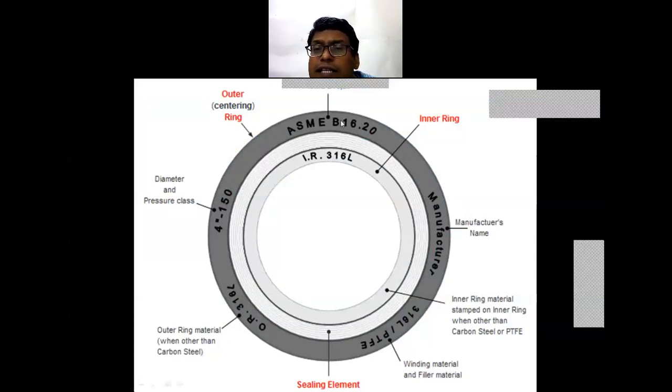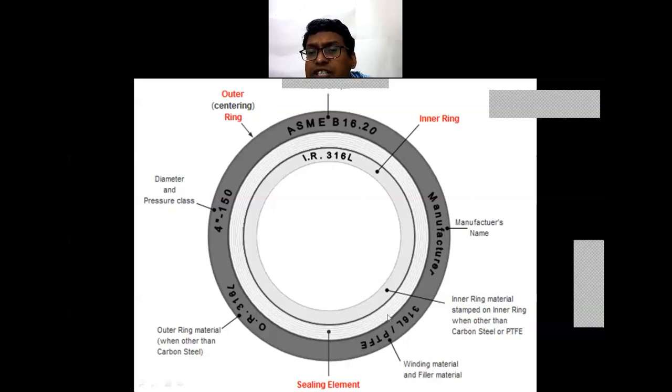Now all the standard gaskets have the manufacturer's name embossed on the gasket. Then the winding material and the filler material that is to be used: 316L stainless steel is used as the winding material.